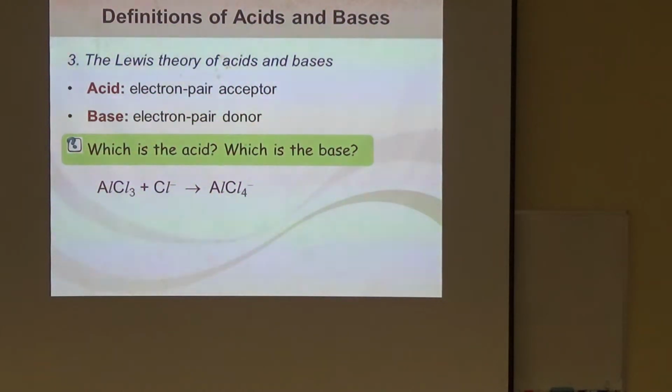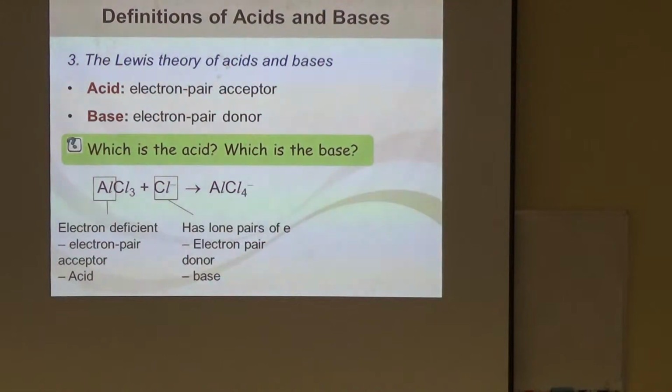Or for the acid, think of it, is it electron deficient? Okay? So, aluminum chloride is electron deficient. Chloride itself has 4 lone pairs, so it can donate 1, and you get AlCl4.